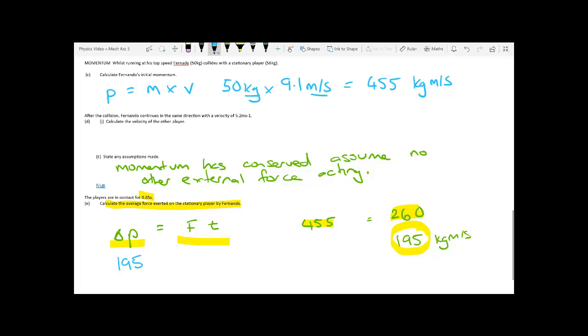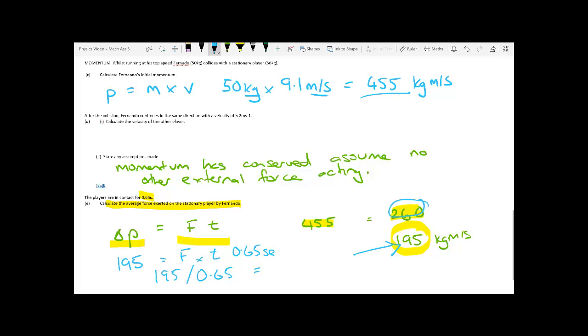Okay, so if you recall, that was his total amount. This is the amount that he had afterwards, and therefore this is the change of momentum. That's going to equal force, which is what we're looking at, times time, which we've been told is 0.65 seconds. So 195 divided by 0.65 is going to be basically the average force.